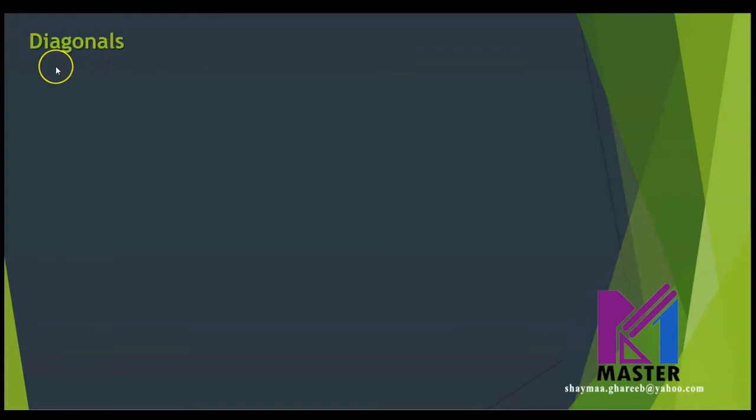Diagonals. Let's talk about the meaning of diagonals. Diagonals are lines that connect each 2 opposite vertices. We can also say they are lines that connect 2 opposite corners. For example, in the square, as you can see, we can connect this vertex with this vertex.